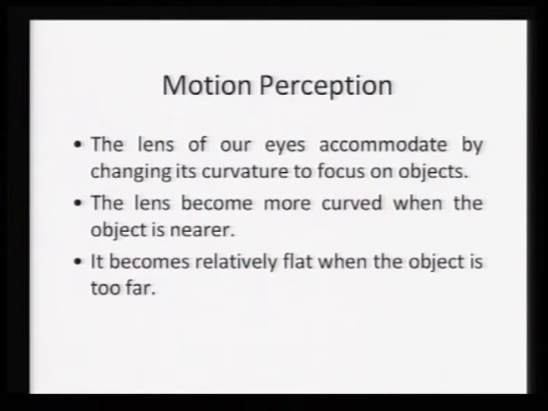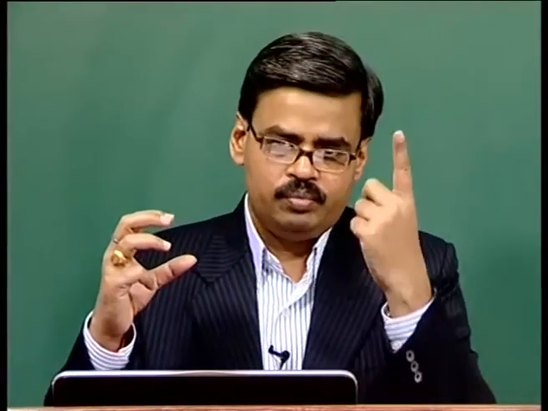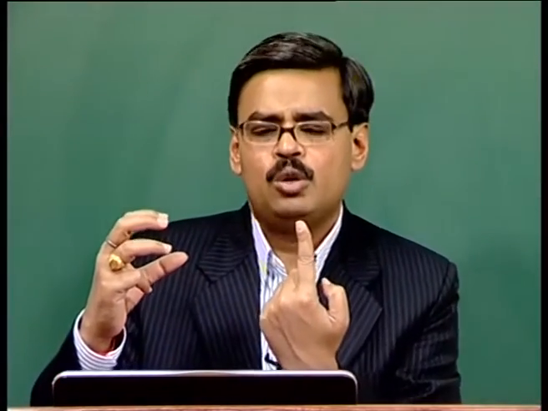What actually happens is the lens of our eyes accommodates by changing its curvature to focus on the object. We have seen that when you remember that eyeball, and then you had a blue bar which was far off and a blue bar that was much closer to you. When you have an object of a particular size at a far distance, the size of the image generated on the retina is smaller, but the moment it comes close to you, the size starts expanding.